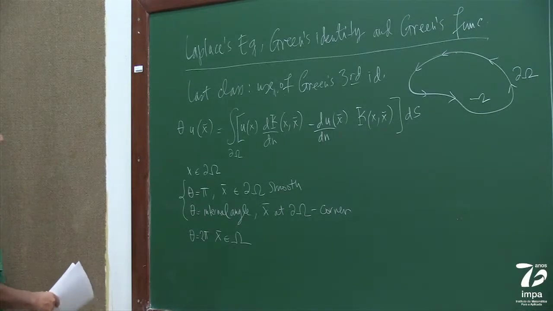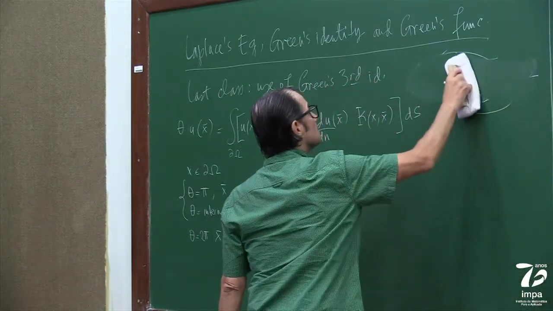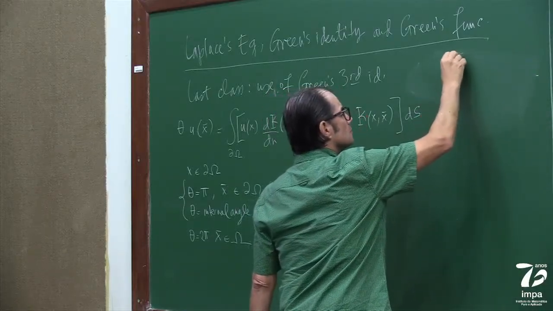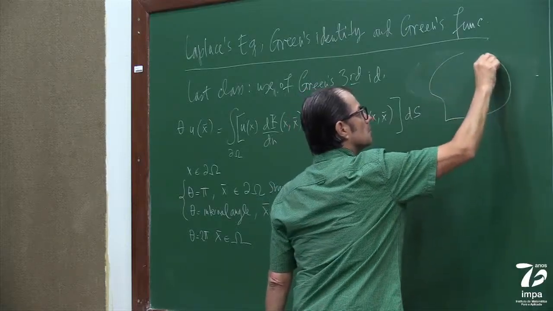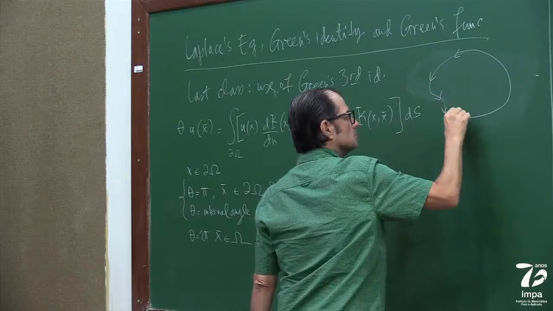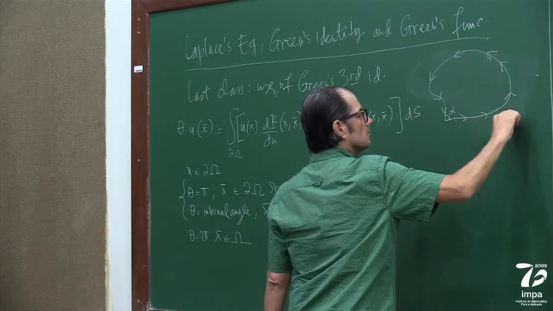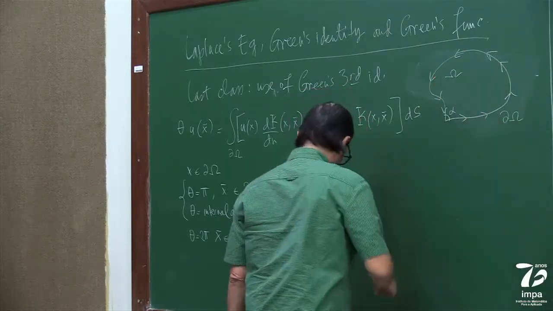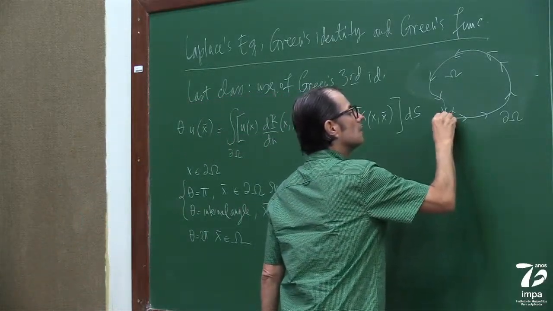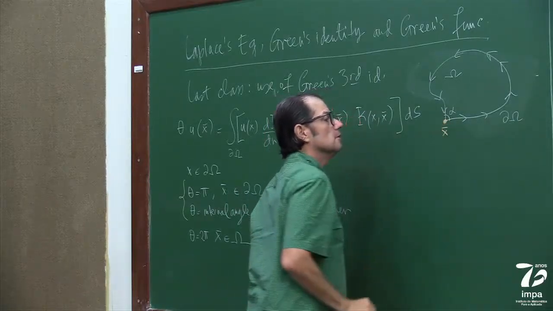So what does this say? So maybe let me even fix this picture here. Sometimes actually for my wave problems I have corners. So you see, we can have a point x bar here.